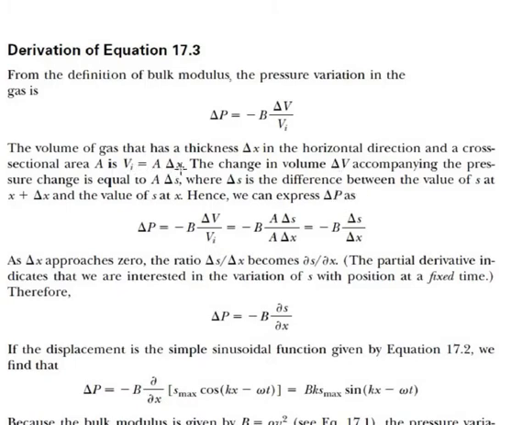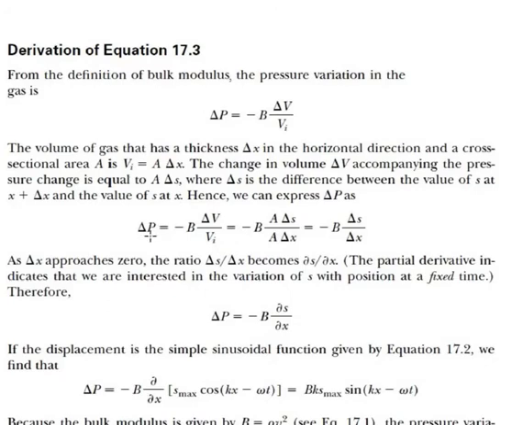That is, the gas that occupied A delta X will now occupy a smaller volume. And what will be the change of the volume? That we can write as A delta S, where delta S is the change in the displacement function.